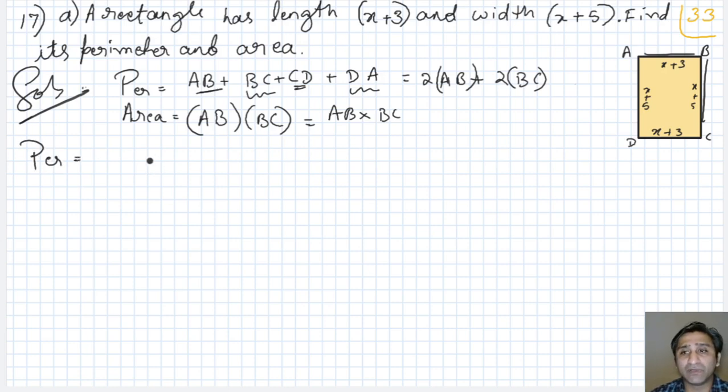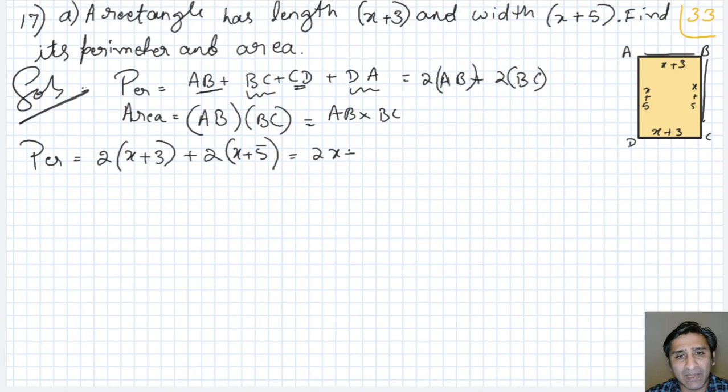Perimeter is basically, what is AB for us? AB is x, oops, we have got to write 2. So we have 2 times x plus 3, plus 2 times BC. BC is quite simply x plus 5, which is 2x plus 6, and you have plus 2x plus 10, which is going to simplify. 2x and 2x become 4x, and 6 and 10 can be grouped and make it 16.